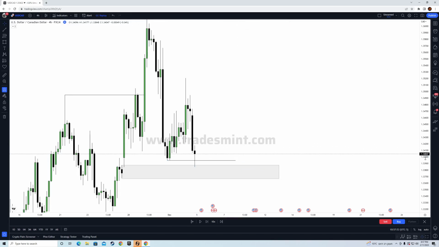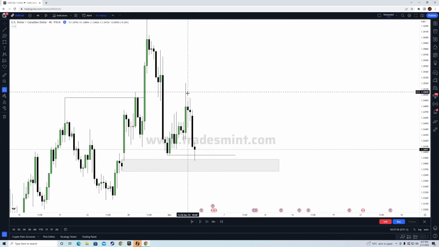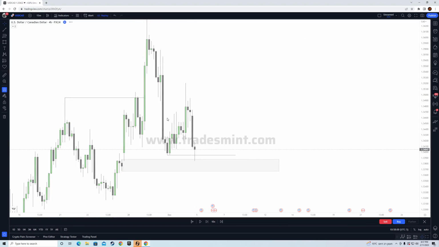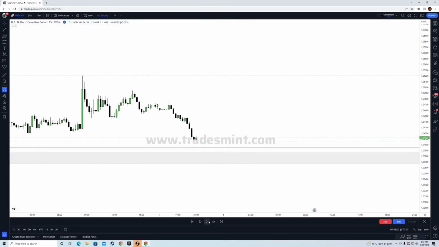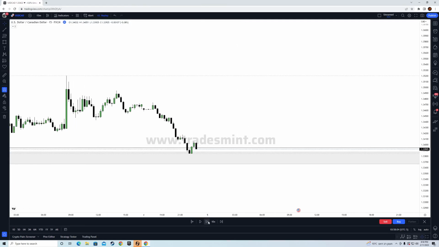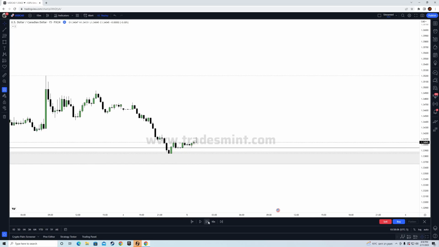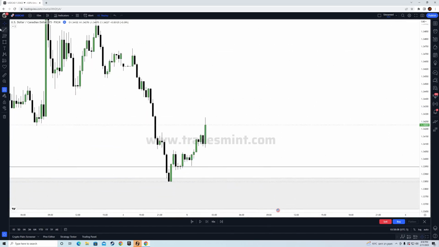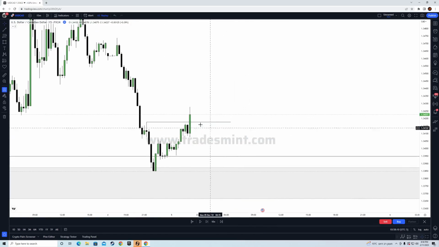So right here you can see we have A, B, and C. The C leg goes into our POI. So let's drop down to the 15-minute time frame, and let me show you how this goes. I want to look for a shift in my, okay, so we have a market structure shift now.